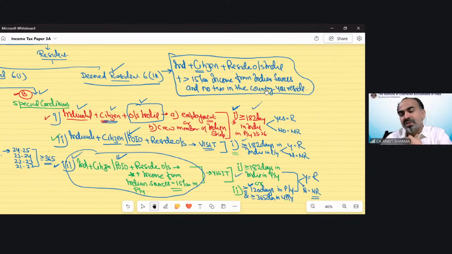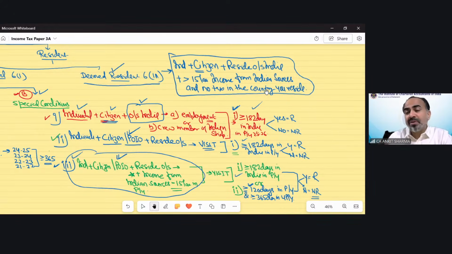Lohit has mentioned it correctly. Ketan also mentioned it correctly. One difference is POIO is not included in deemed resident. If you are not a citizen and you are only a POIO, you cannot be a deemed resident. The first difference is exactly this. And the second condition, of course, a lot of students have found out. There is no need to visit India.